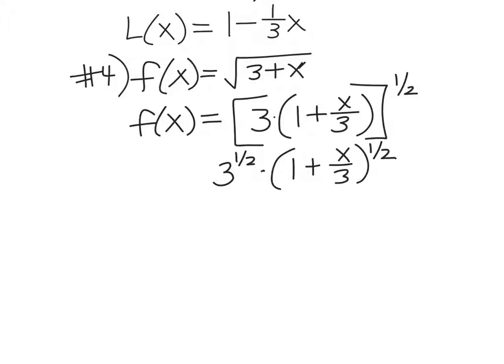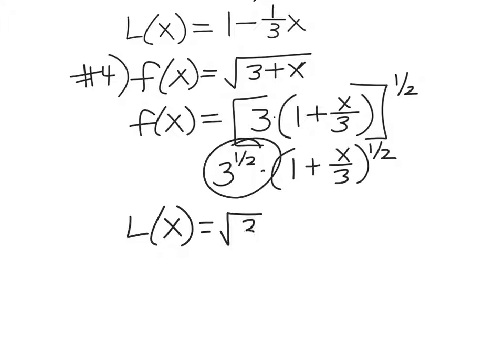Okay, so when you write the linearization, this is just a constant out front. This 3 to the 1/2 is just the square root of 3. So you want to put that out front, square root of 3. You just leave it as a constant, and now we're going to do the linearization for just this part. So this constant just moves down, becomes part of it, multiplies to it.